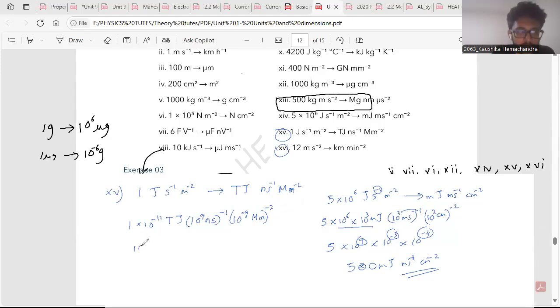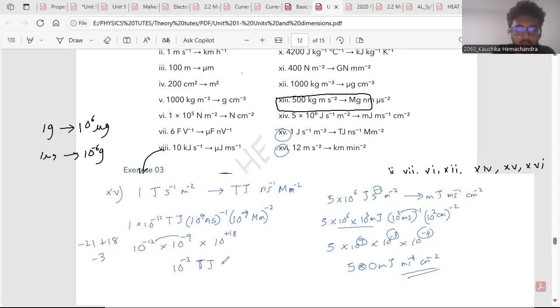So what we get is 10 to the power minus 12 into 9 into minus 1, and minus 9 into minus 2 becomes plus 18. Minus 12 minus 9 is minus 21 plus 18, that's minus 3. So you get 10 to the power minus 3 as the final answer.